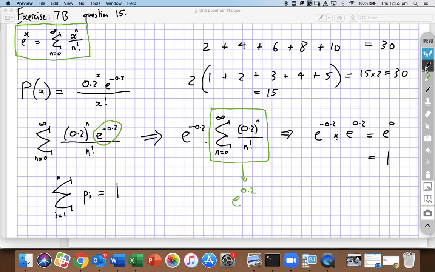So therefore, we can think of this as a valid probability distribution.